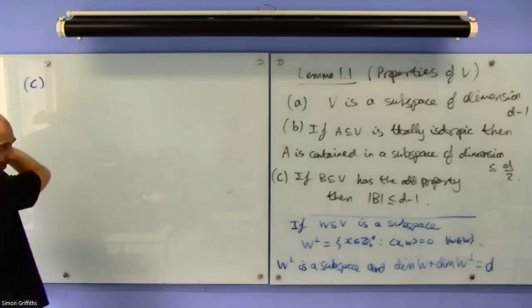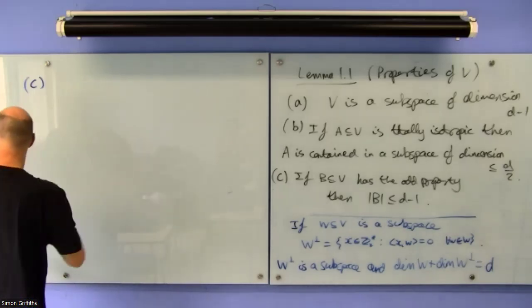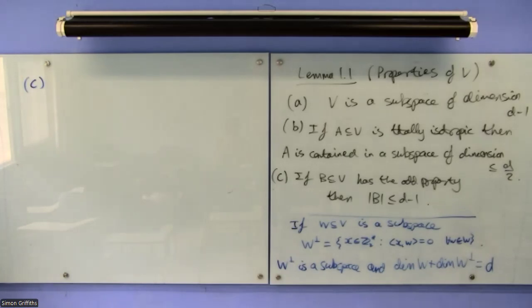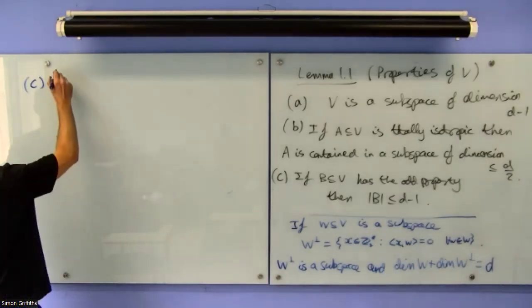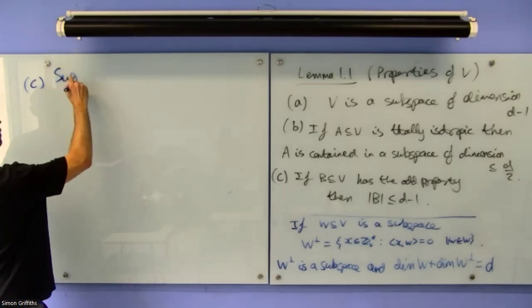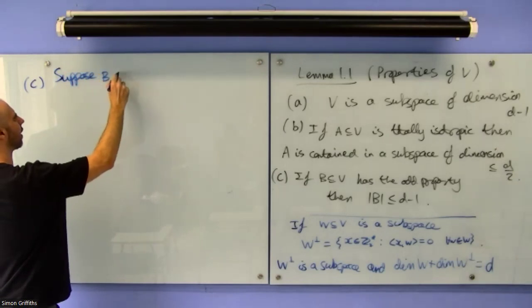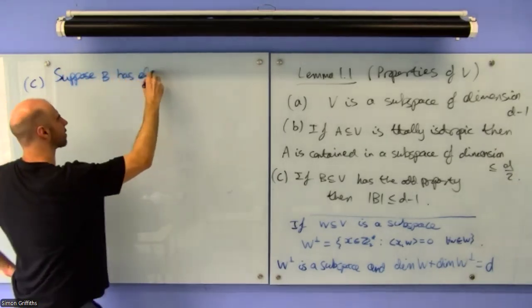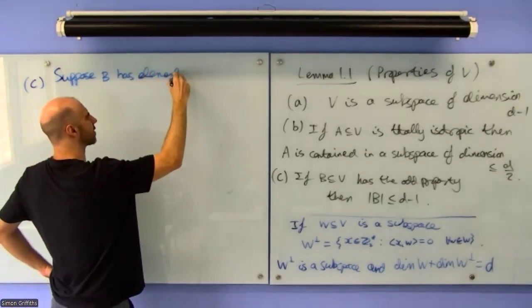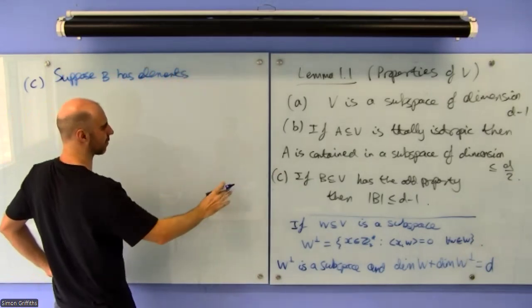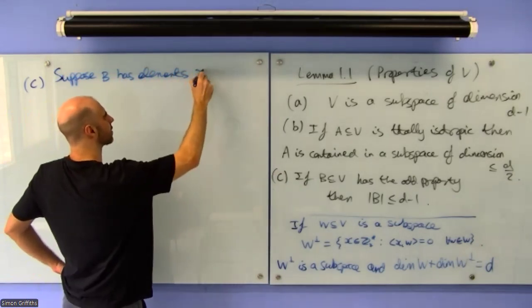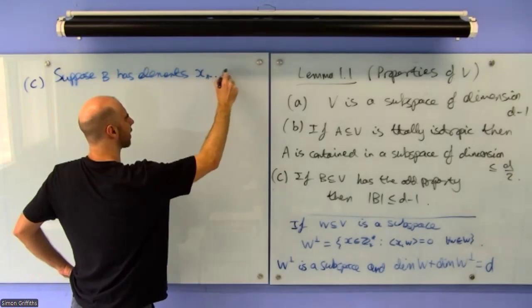Okay, so if B has the odd property, then B has at most D minus 1 elements. Let's suppose for contradiction that B has more than D minus 1 elements, so I'll list D elements, x1 up to xd.